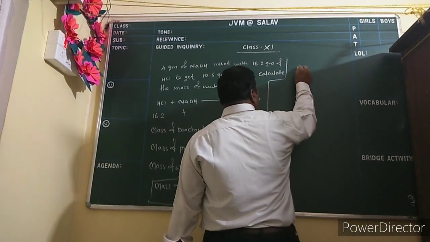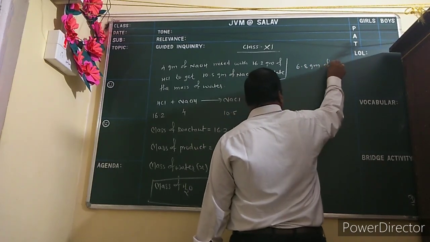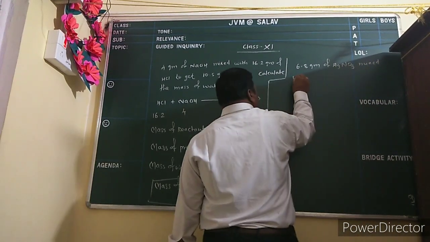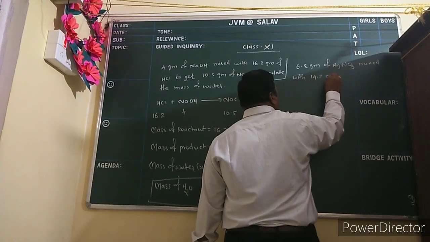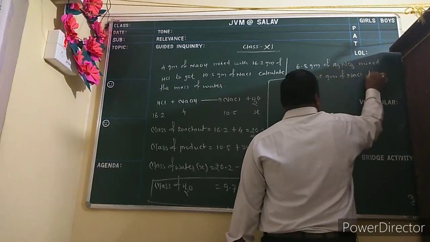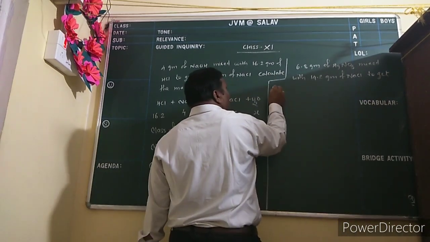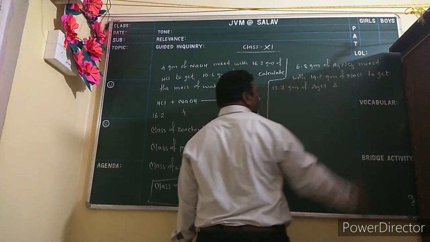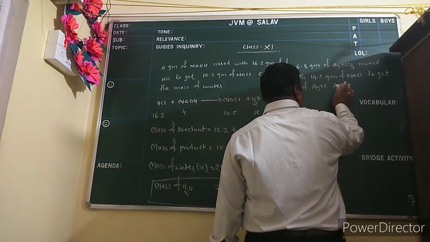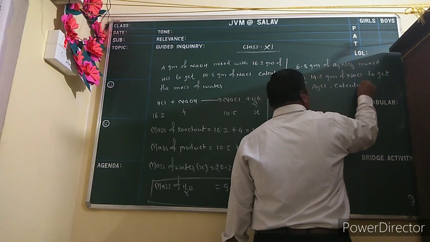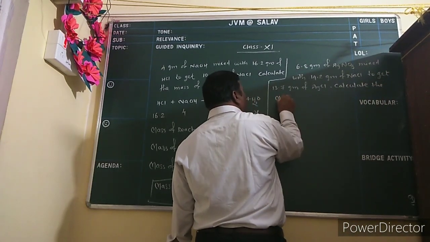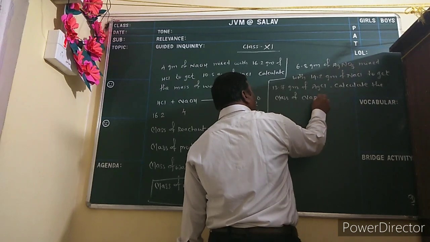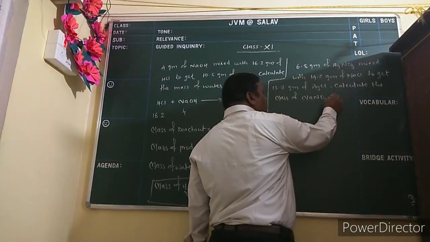Here 6.8 gram of silver nitrate is mixed with 14.2 gram of sodium chloride to get 13.7 gram of silver chloride. Calculate the mass of sodium nitrate.